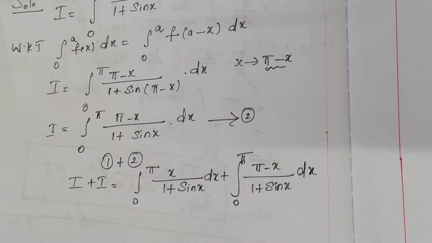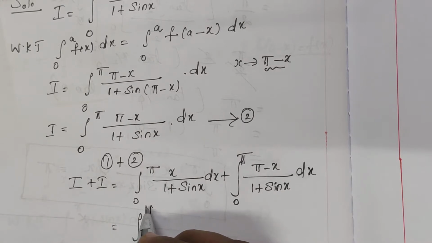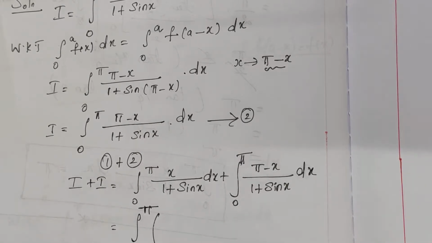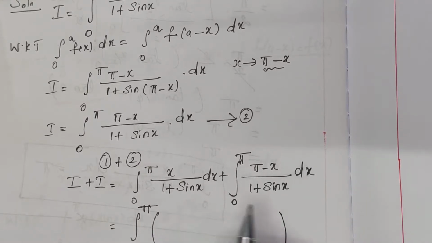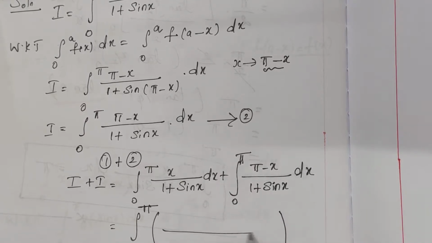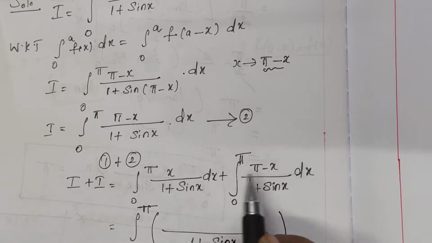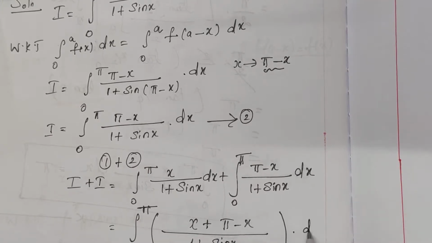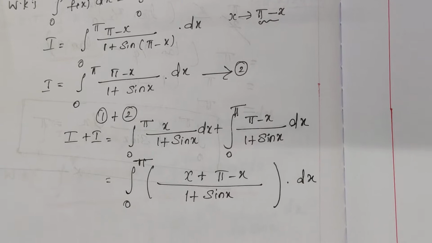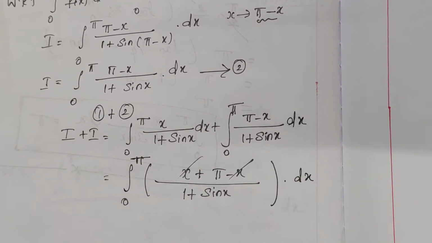Both have the same limits, so write a common integral 0 to pi. The denominator is common, 1 plus sin x. Just add the numerators, x plus pi minus x, dx. Now x and minus x get cancelled.